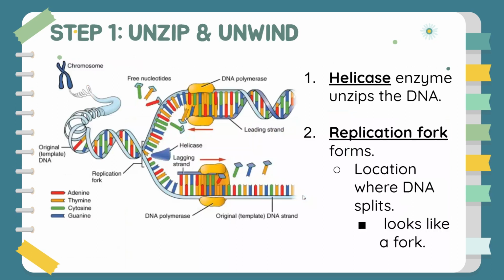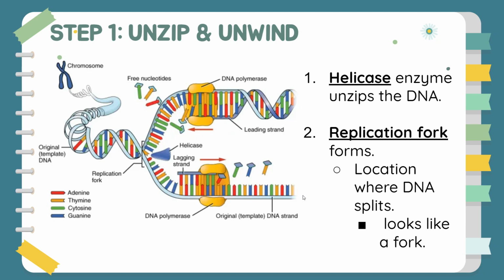All right, let's break down exactly how this semi-conservative replication takes place. Keep in mind that DNA replication is a complex and highly regulated process that ensures the accurate duplication of genetic material. Replication begins at specific sites on the DNA molecule called origins of replication. The first step after the process is initiated is to unzip and unwind the DNA.